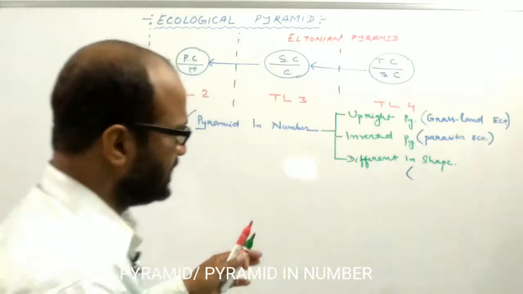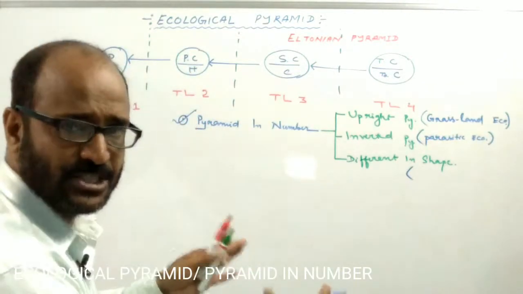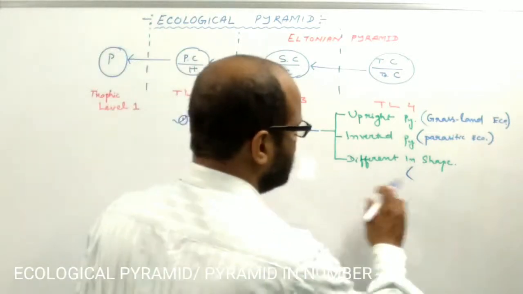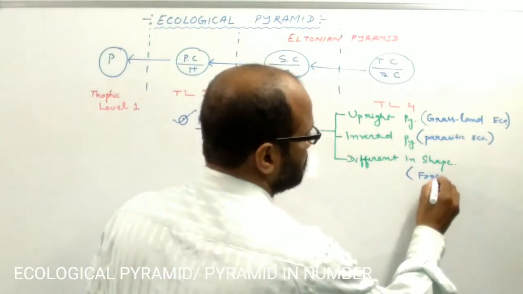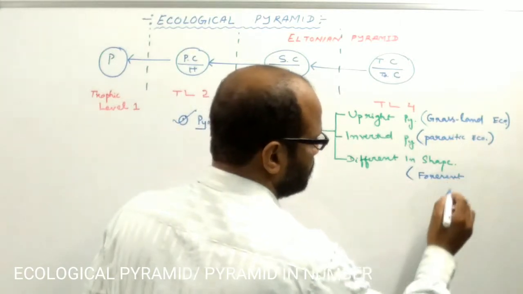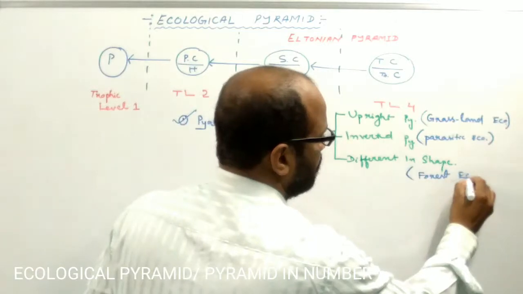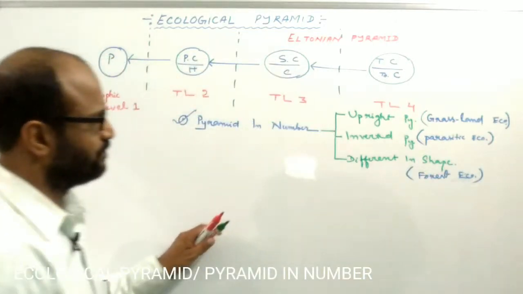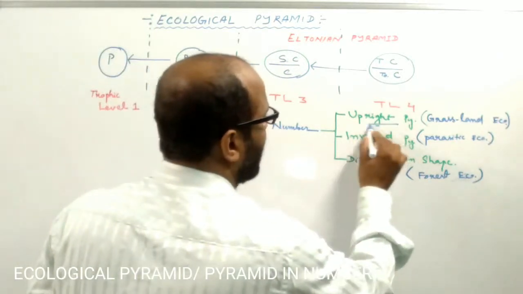And the pyramid that is somewhat different from the upright and inverted types, we find in the forest ecosystem. So first let us come to the upright pyramid.